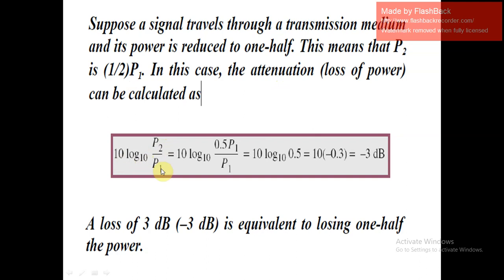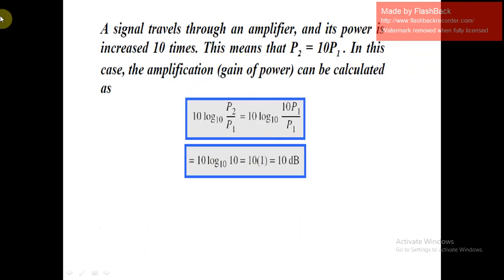If the received power is half of the transmitted power, it will be 10 log base 10 of 0.5, which is minus 3 dB. So if you get half of the power at the receiver, it is basically a 3 dB loss, or minus 3 dB gain, you can say in this case, right?